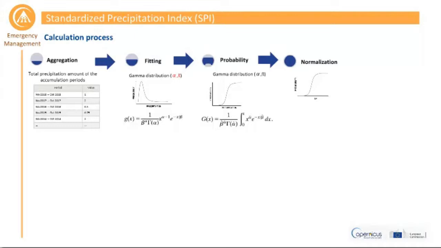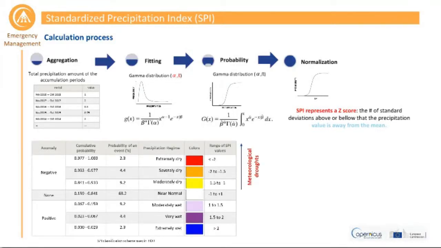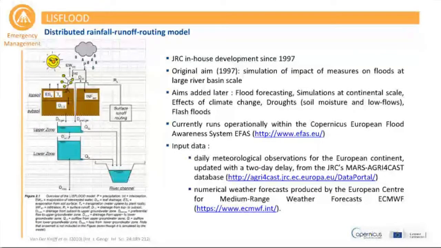And finally, the cumulative probability of the observed rainfall is transformed into the standard random variable. This transformed value is what we then call the SPI. Increasingly severe precipitation deficits are indicated as SPI decreases below -1, while increasingly severe excess precipitation is indicated as SPI increases above 1.